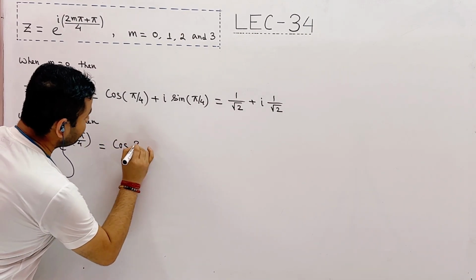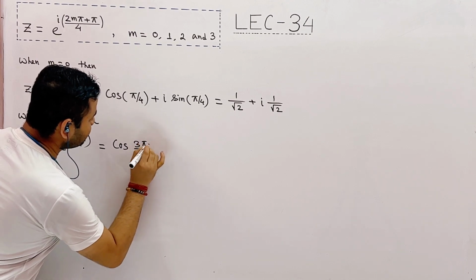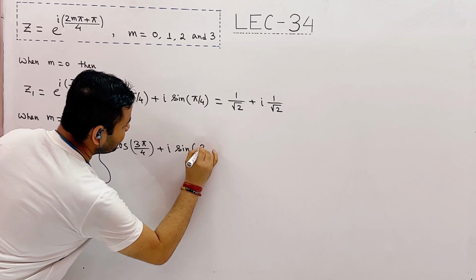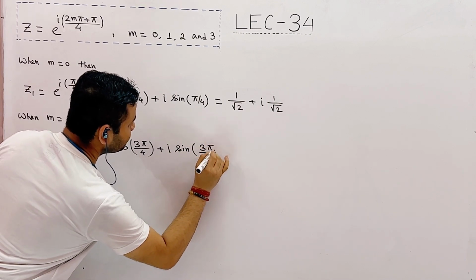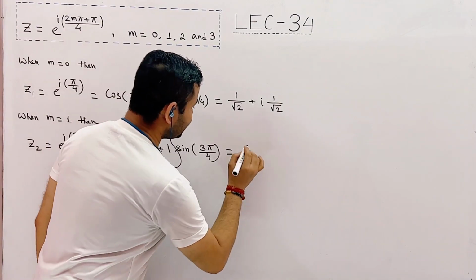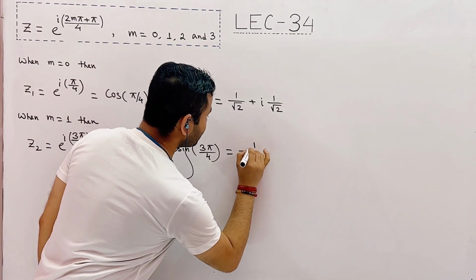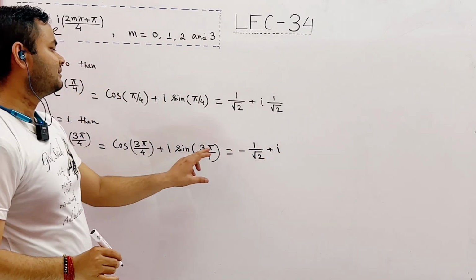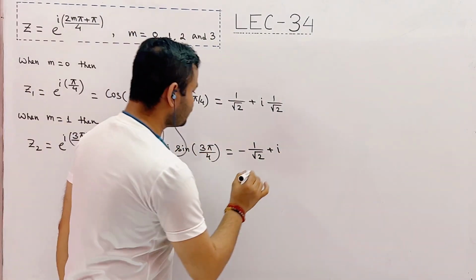Cos 3 pi by 4 plus iota into sin 3 pi by 4. We know that cos 3 pi by 4 is minus 1 by root 2 plus iota, sin 3 pi by 4 value is plus 1 by root 2.